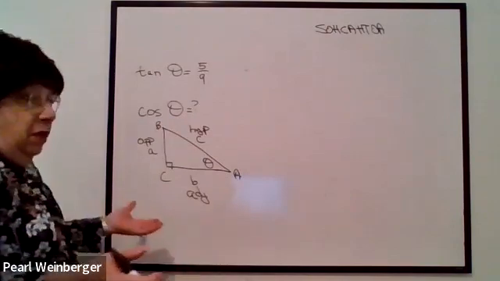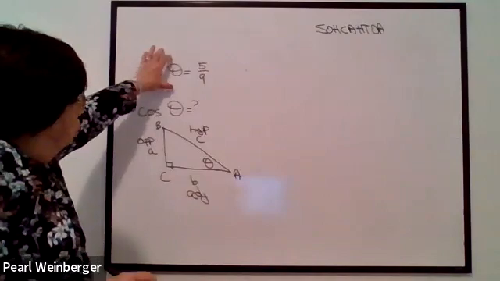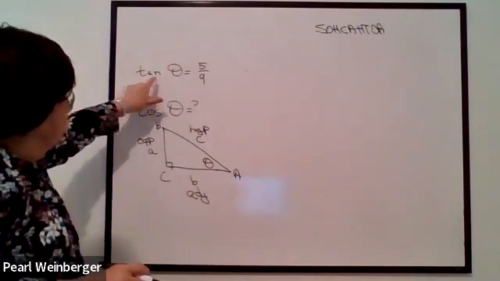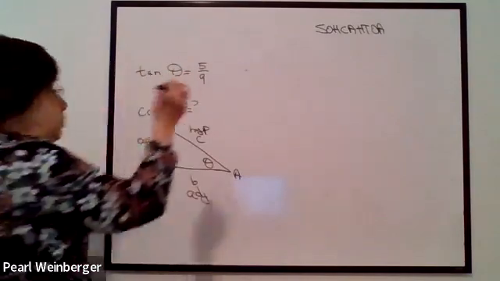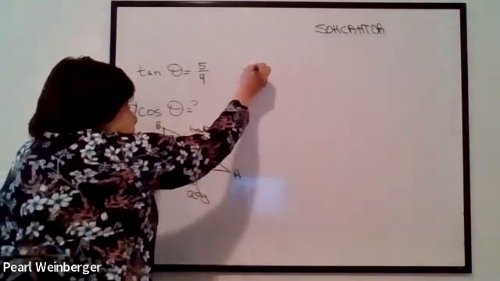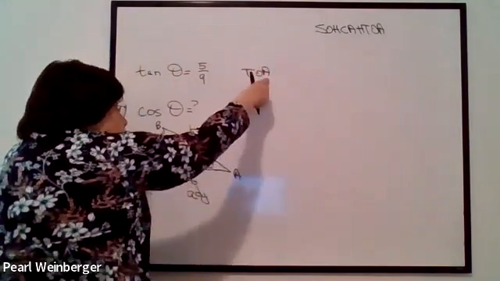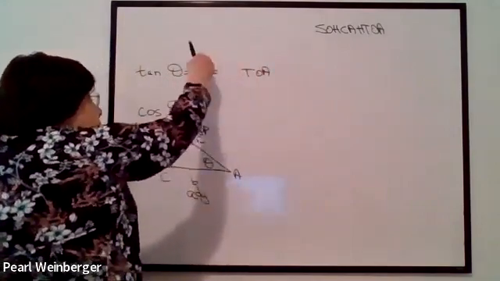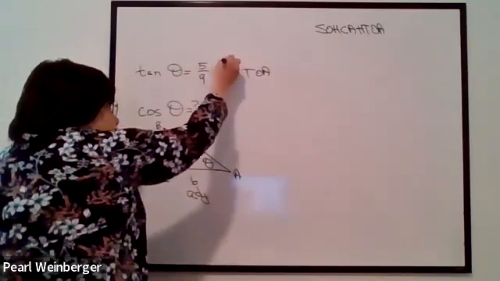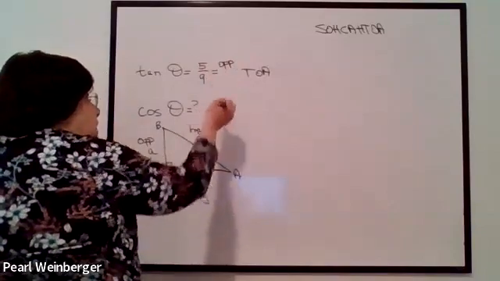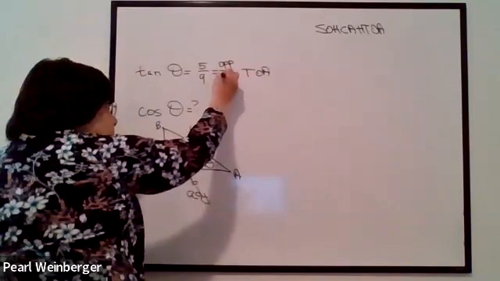But I wasn't given any sides of this right triangle. The only thing I was told was that the tangent of theta is 5/9. Now remember what tangent stands for. Tangent is TOA, opposite over adjacent. So if I put it as 5/9, it must be that the opposite side is the 5, and the adjacent side is the 9.